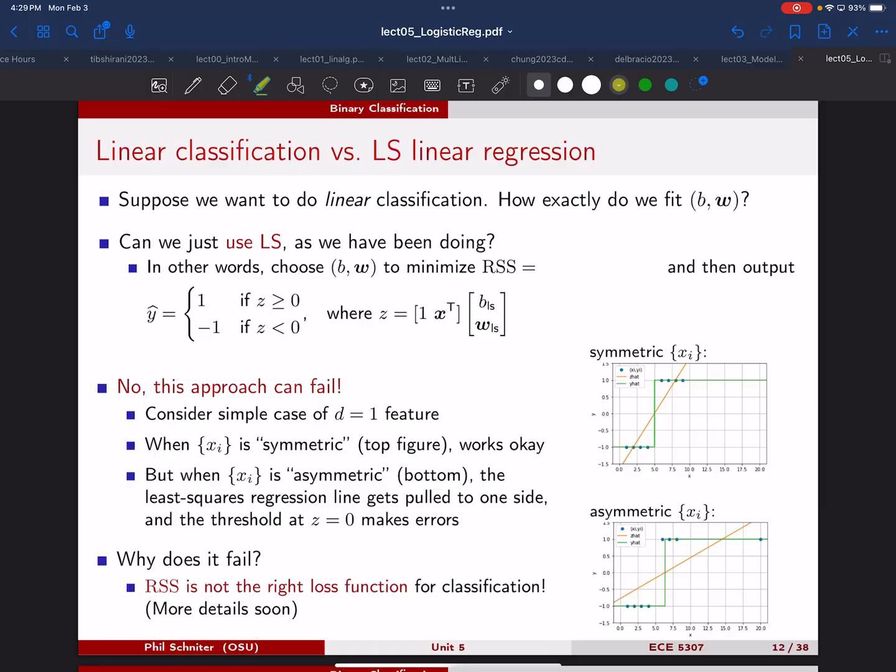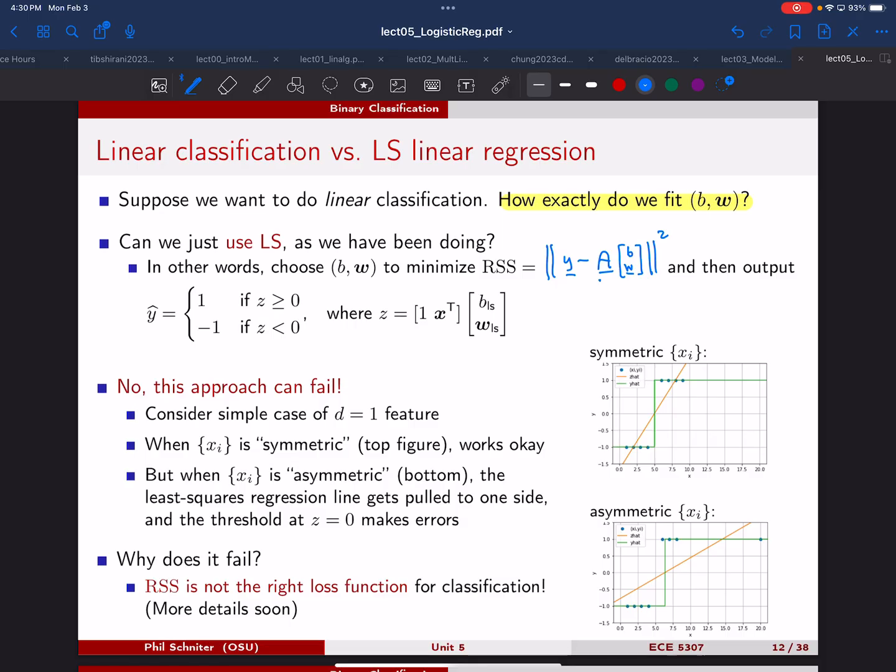So now we're getting to the problem of how exactly do we fit the coefficients. So one idea would be, let's minimize RSS. We could do this by the squared norm of y minus the, I think I want to use the A matrix here, yeah. The A matrix times a vector, or I have the B on the top, and then below it, the W vector.